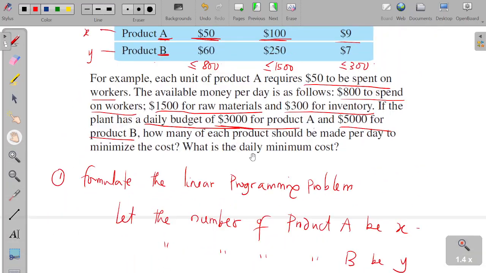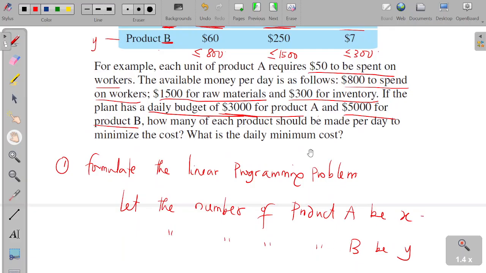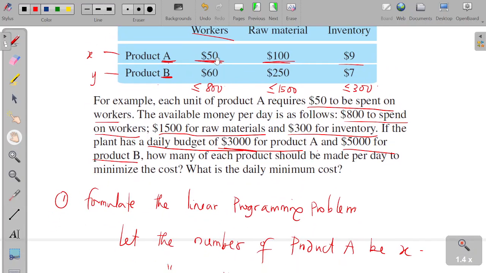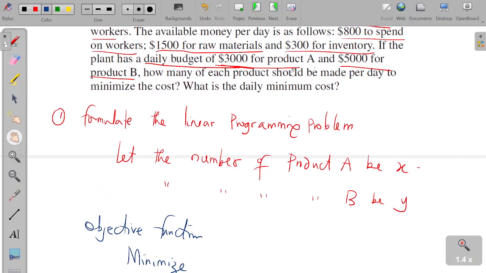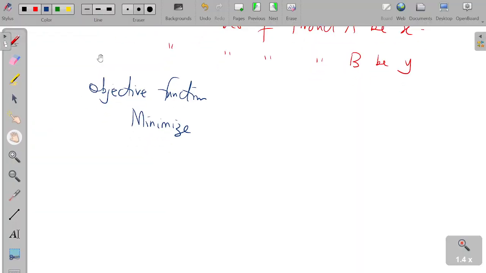So now, because product A is x and product B is y, we can have the objective function first. Our objective function is to minimize 3,000 for A and 5,000 for B. That means it will be 3,000x plus 5,000y.